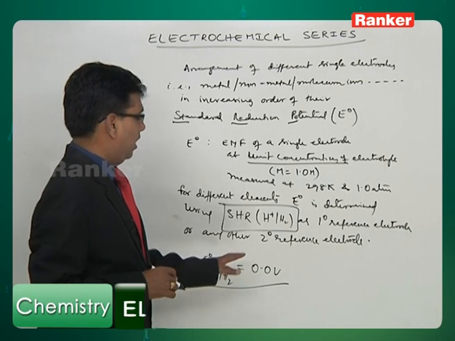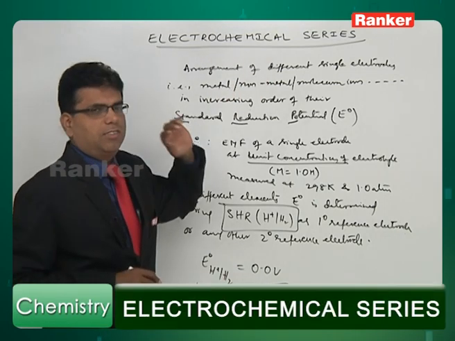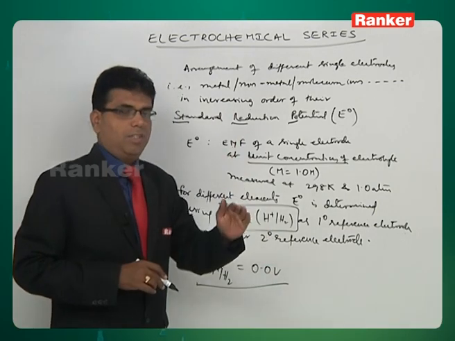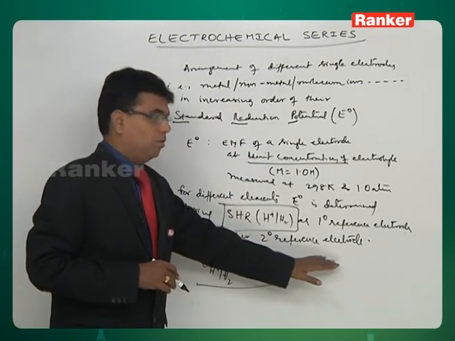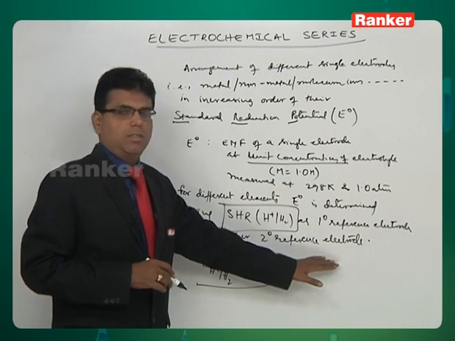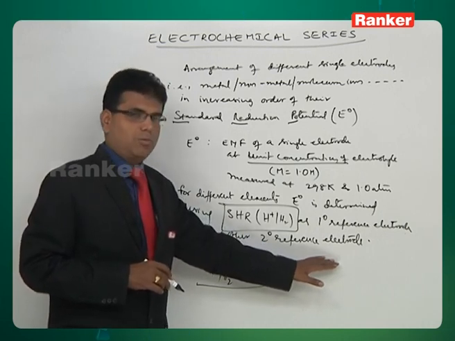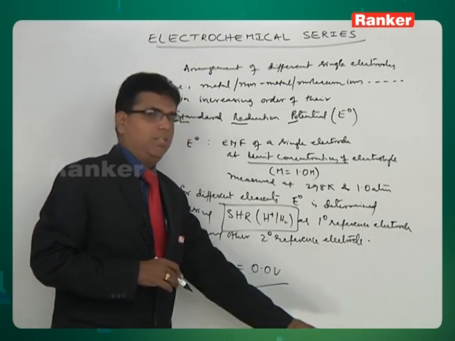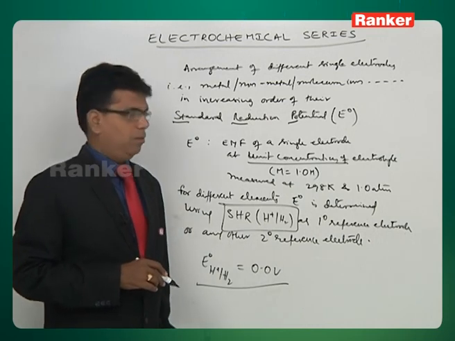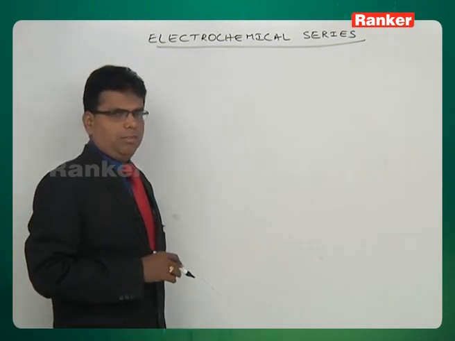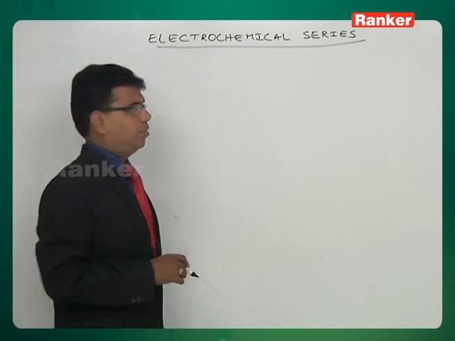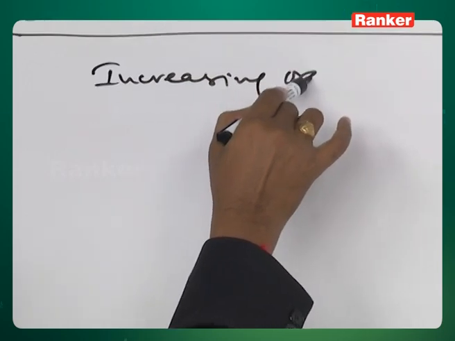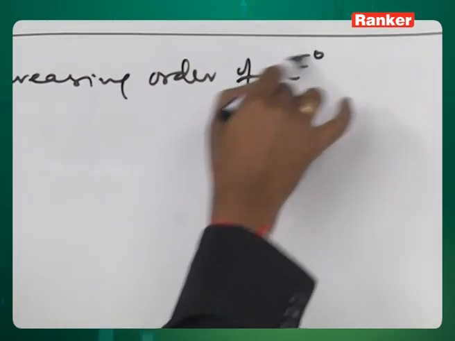Now, the electrochemical series is the arrangement of all those elements in increasing order of their SRP, starting with the least reduction potential, reaching 0 at hydrogen, and below this positive values. So, in the electrochemical series, the elements are arranged in increasing order of E naught.